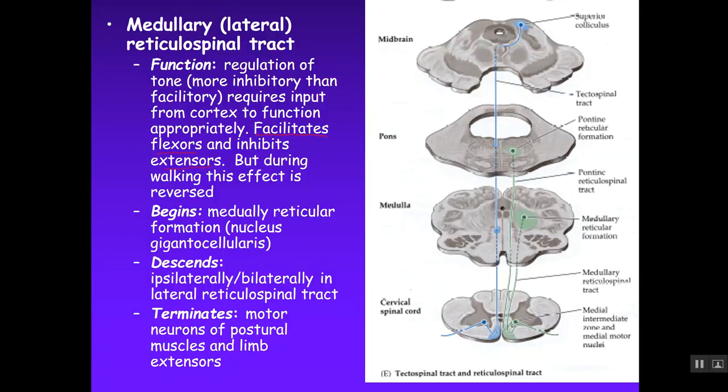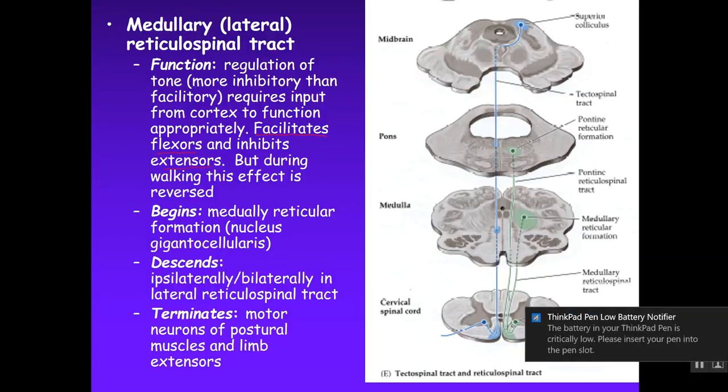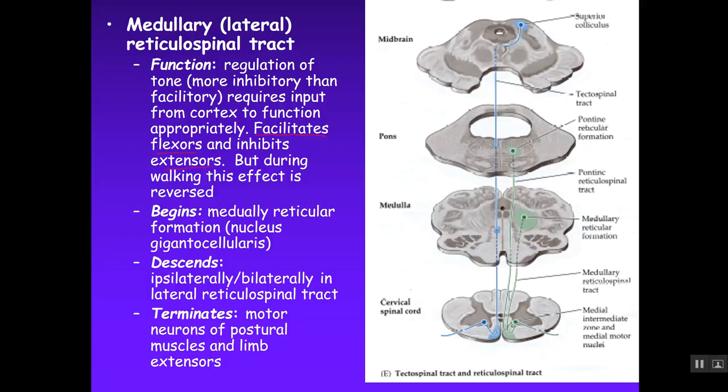So it begins in the medullary reticular formation. In this area of the reticular formation, there's a specific area called the nucleus gigantocellularis. That's a defined region within the reticular formation called the nucleus gigantocellularis.